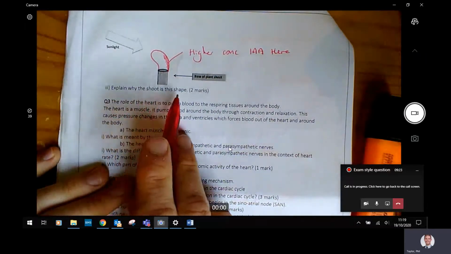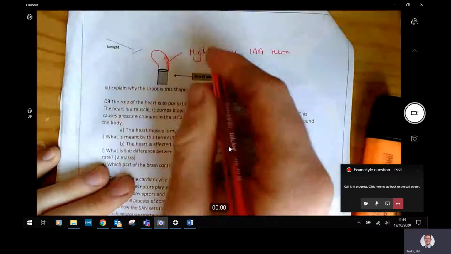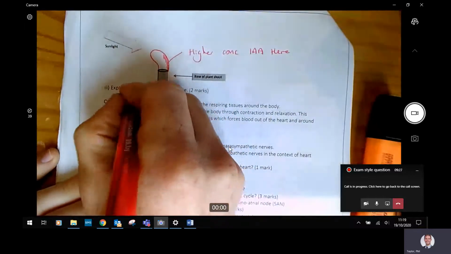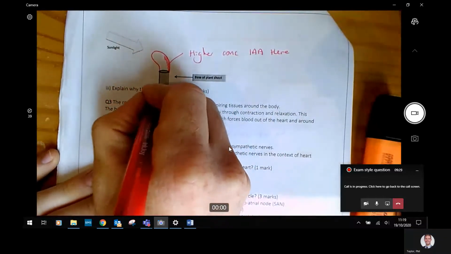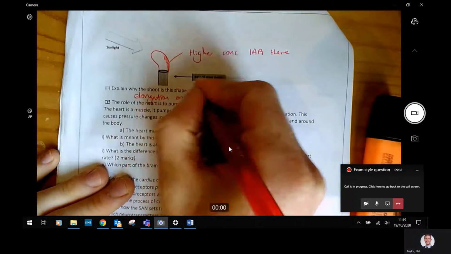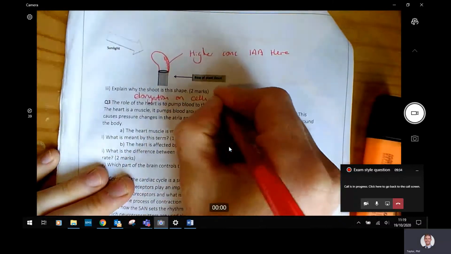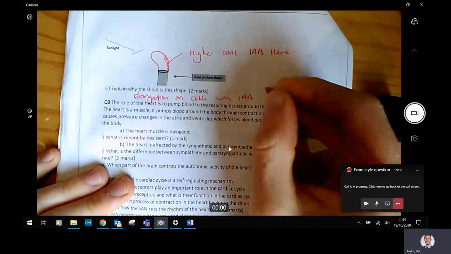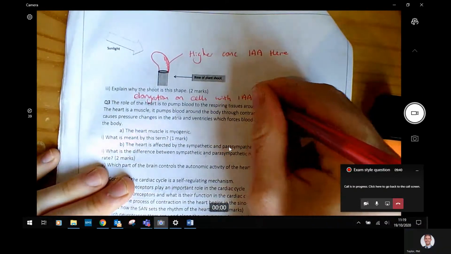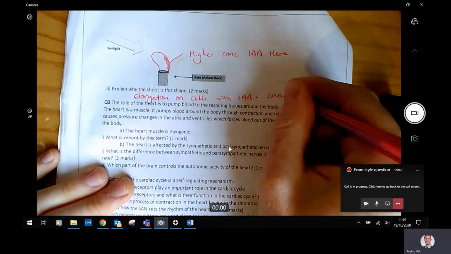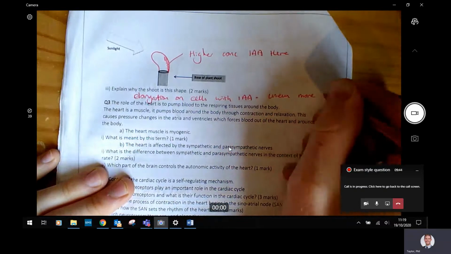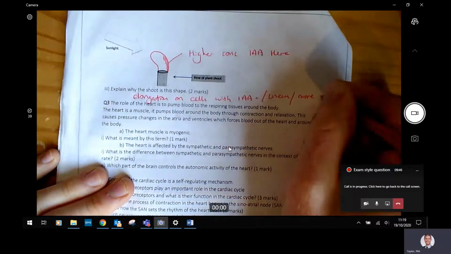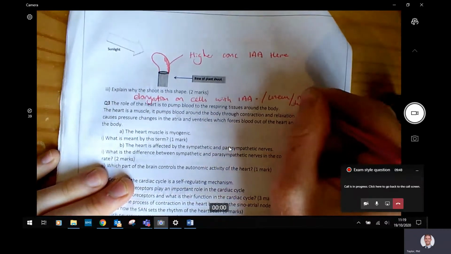And explain why the shoot is this shape. Because there's elongation of cells with IAA, and it's uneven, more on the shady side.